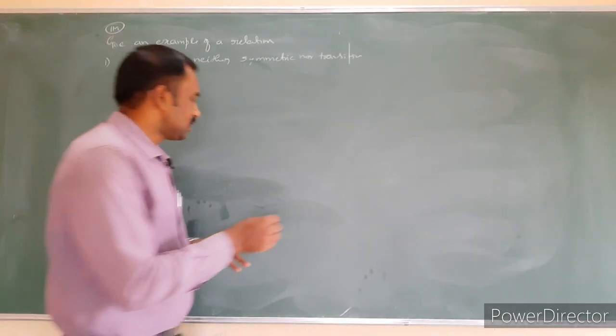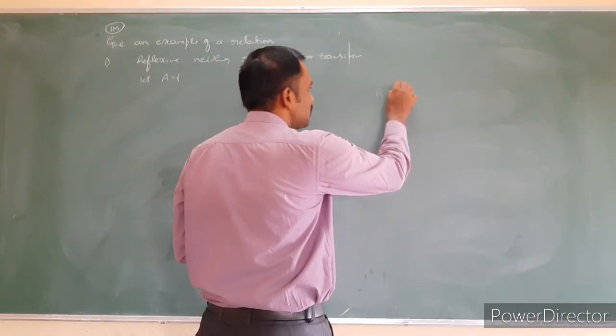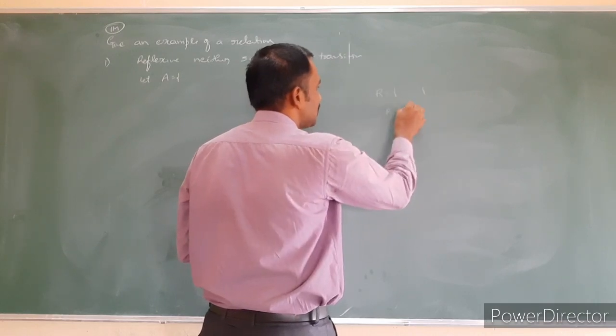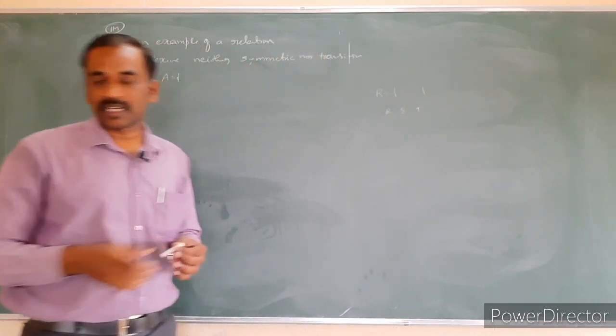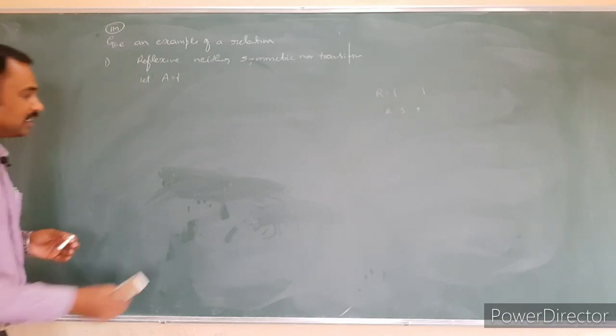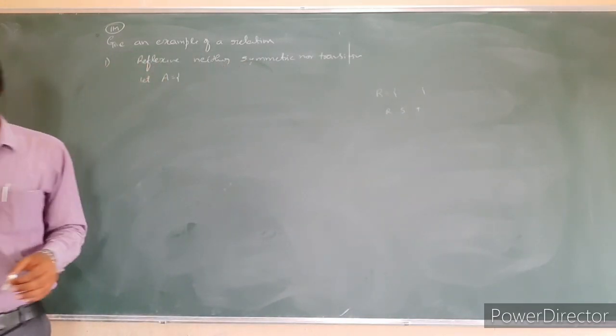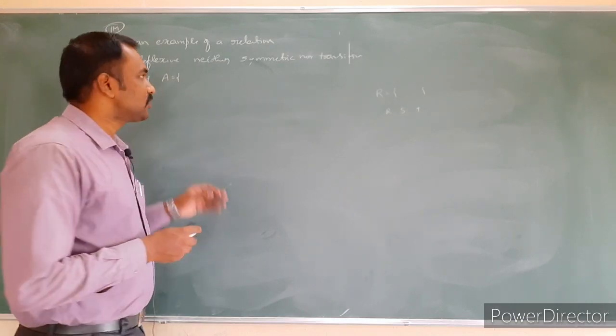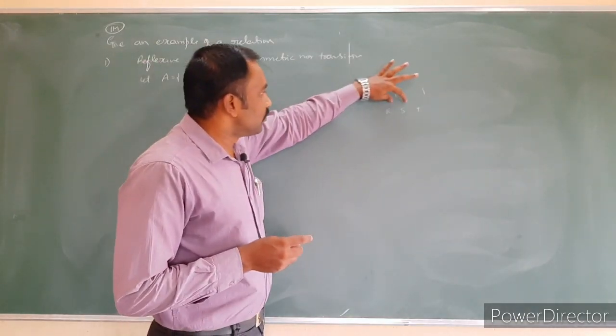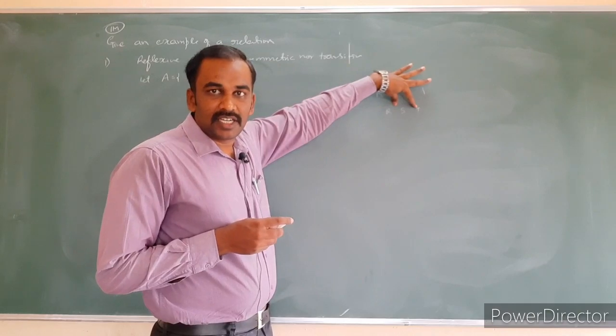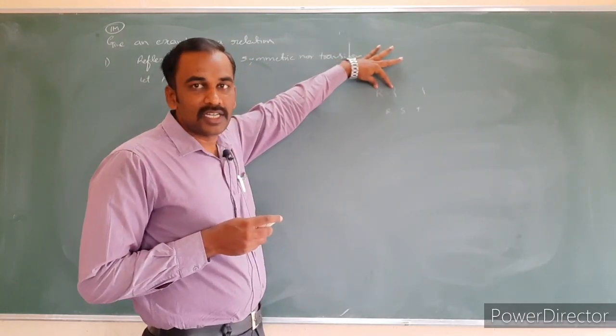Earlier, whenever they gave a relation, we verified whether it is reflexive, symmetric and transitive or not. In this case, what we wish to do is, on satisfying the given condition, we have to give one relation.